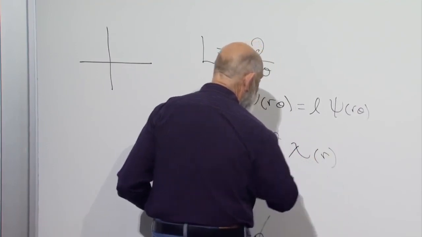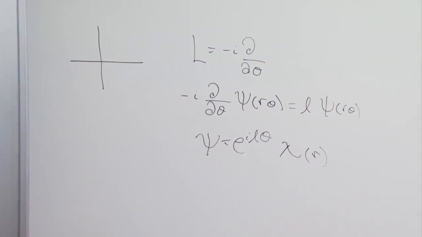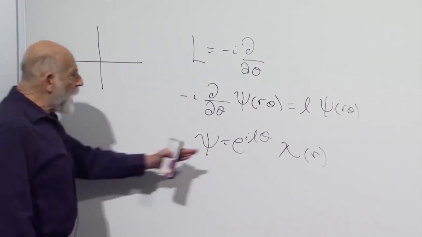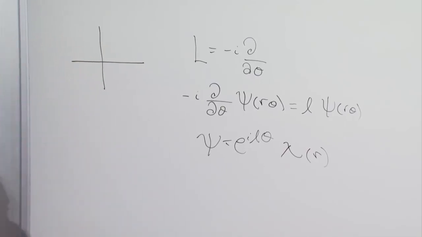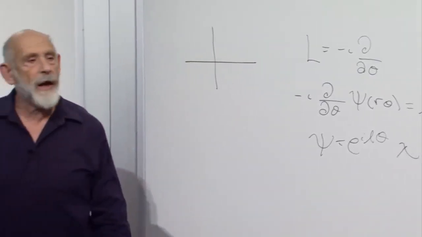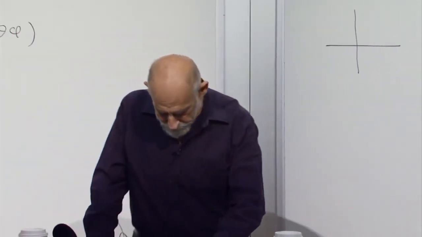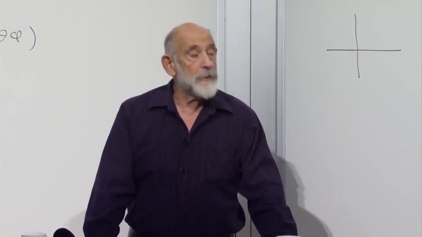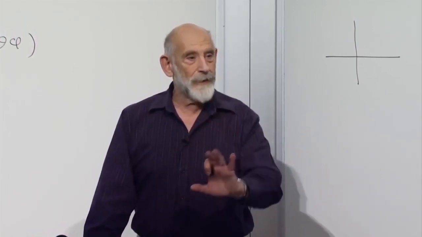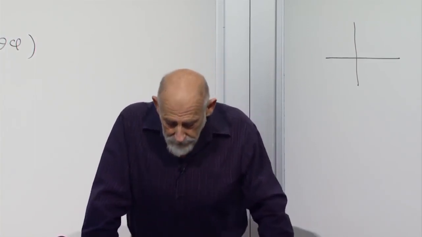Any wave function that looks like e to the i L theta, it doesn't matter what its r dependence is, will be an angular momentum eigenstate. So angular momentum has to do with the angular dependence of the wave function. The radial dependence is irrelevant to the angular momentum. It may be relevant to the energy, but it's not relevant to the angular momentum.